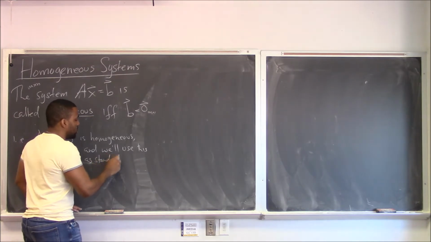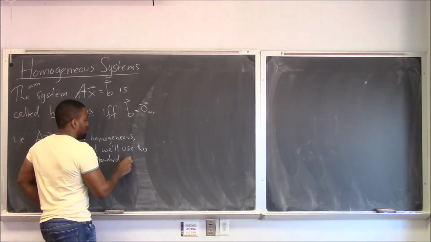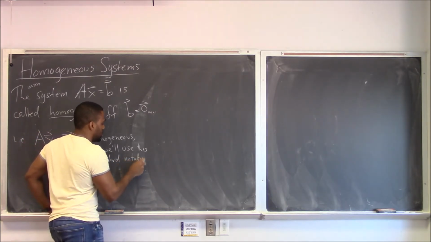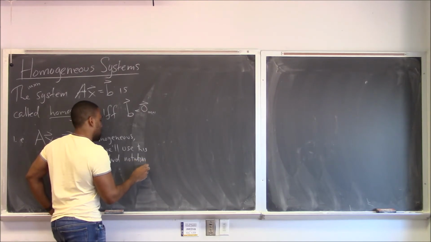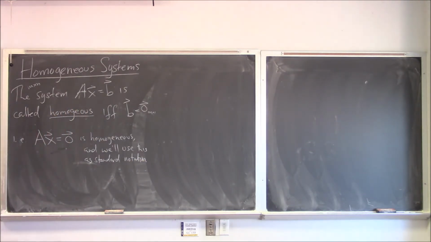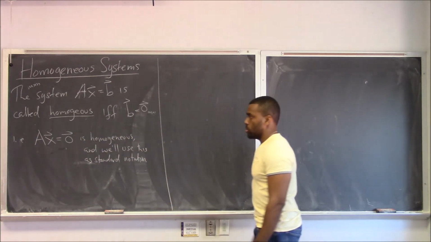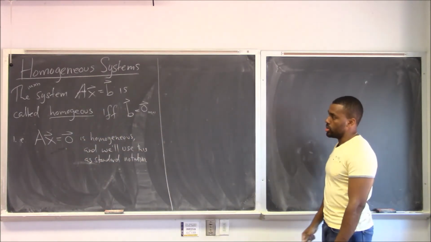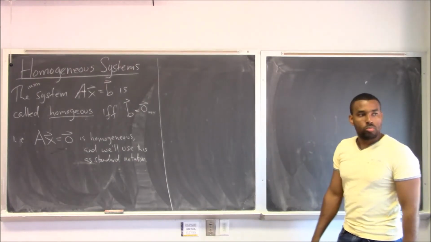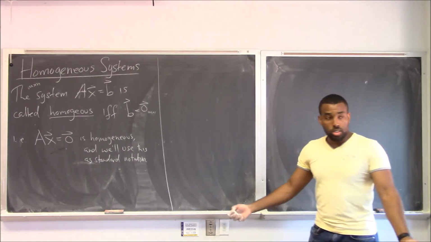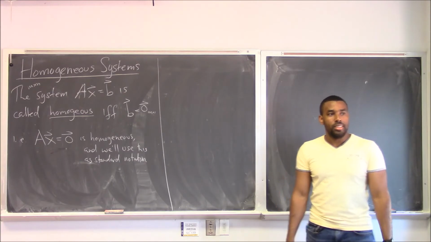Now there's one cool thing about homogeneous systems in terms of their solutions. What can you say about the solutions to a homogeneous system? There's always one, at least, right?